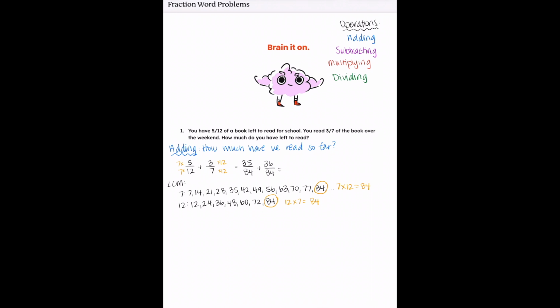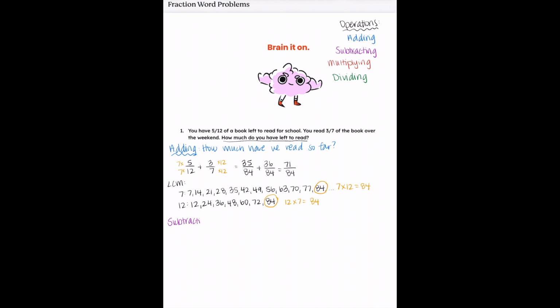And when we add those together, we get 71 over 84. This 71 over 84 represents how much we have read so far. In order to actually answer the question in the word problem, though, we have to see how much we have left to read. So it's great that we added.